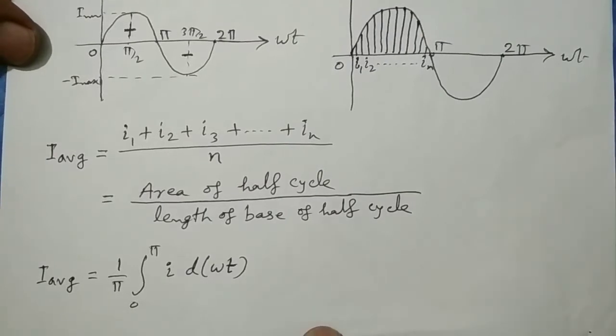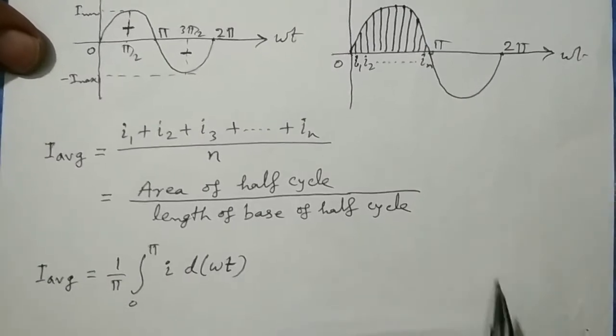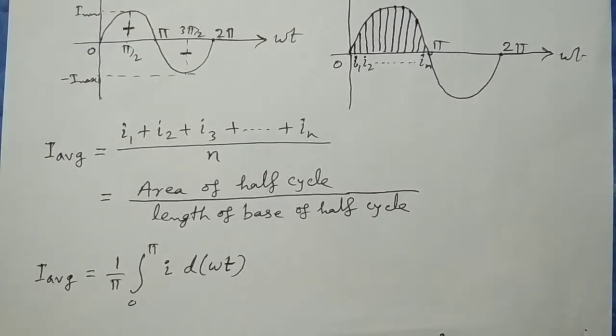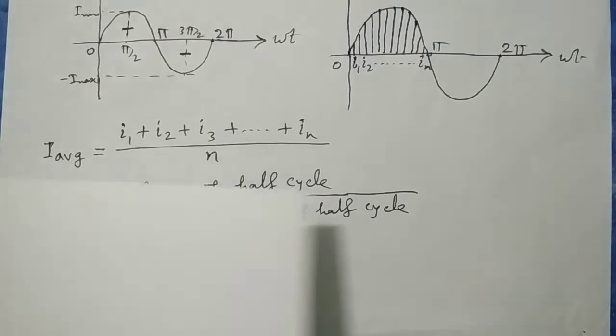In general, we can write for any function whose cycle is repeated continuously, irrespective of the shape of the waveform, in terms of a periodic function as a sinusoidal function, the average value can be calculated as f average, where f is the function.